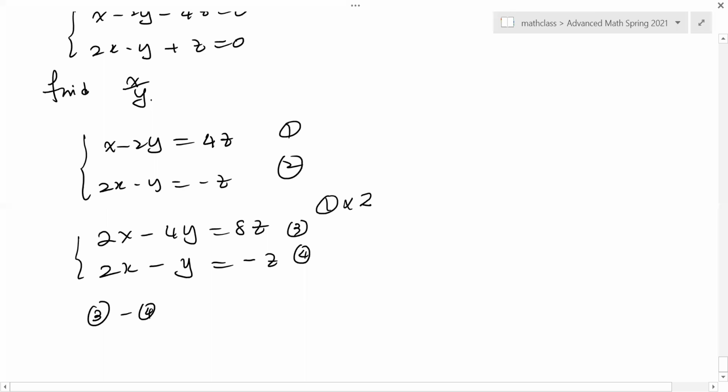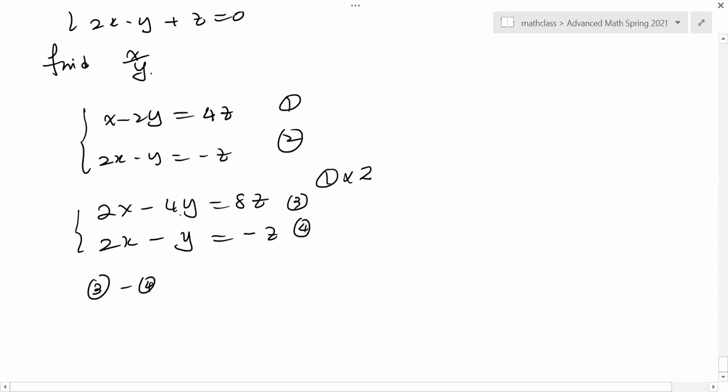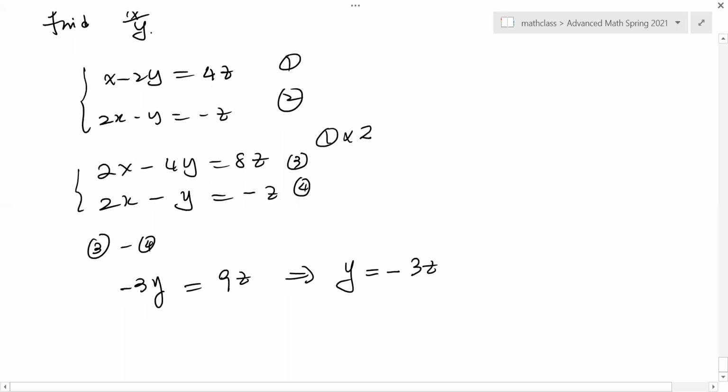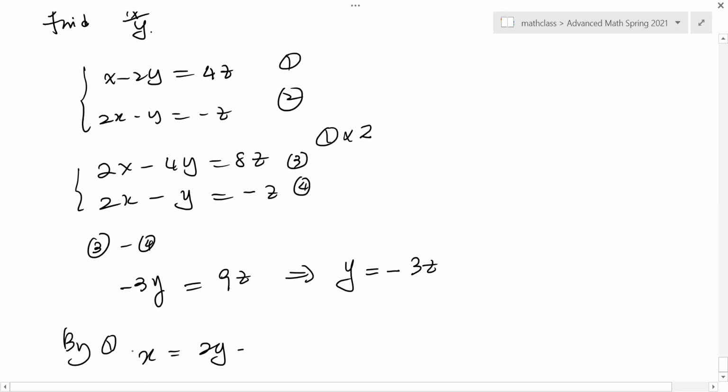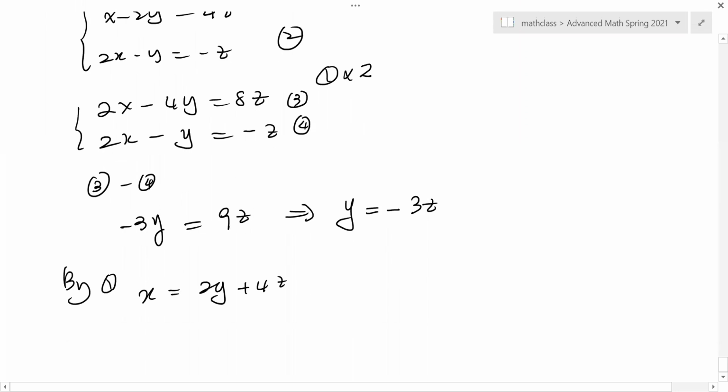So 2x minus 2x is gone. Negative 4y minus negative y is negative 3y. And 8z minus negative z is 9z. So from here, y equals negative 3z. Then you can get x using the first equation: x equals 2y plus 4z.